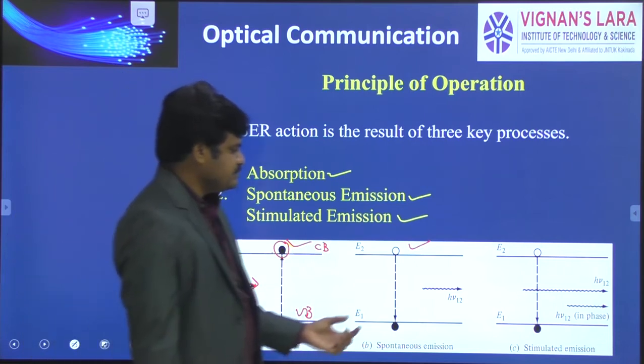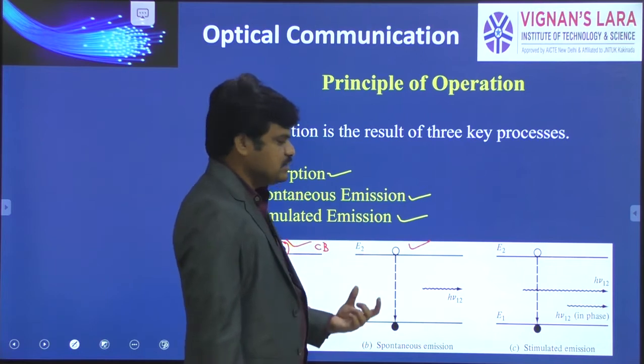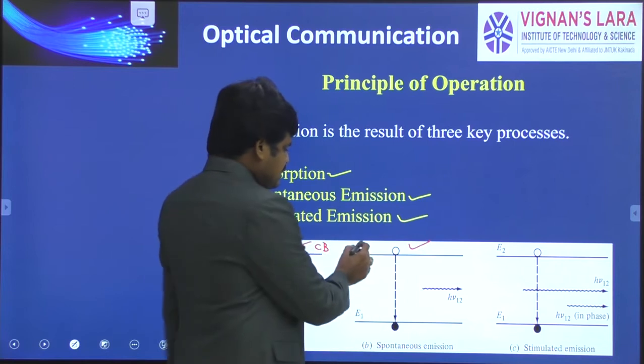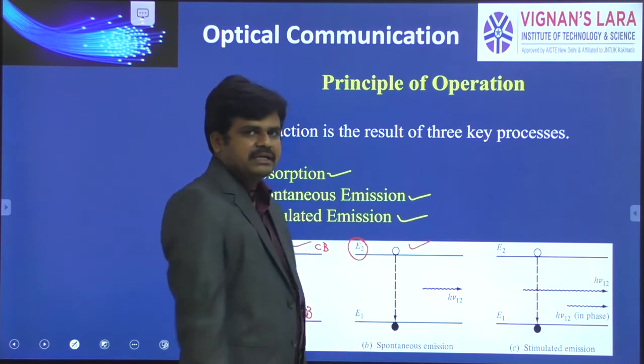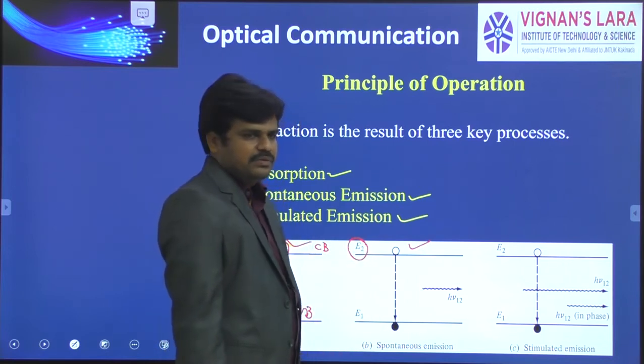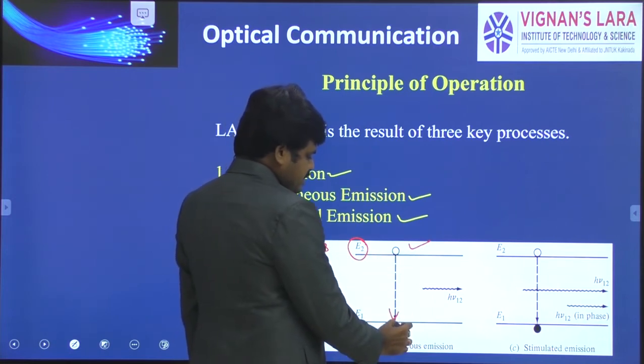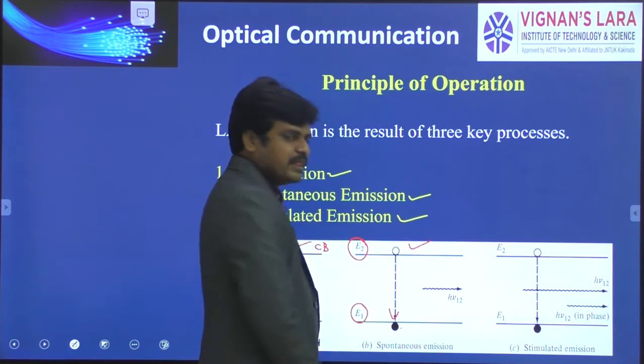For the second one, the same electron, which is very unstable in the higher energy state, say E2, will try to move into the ground or lower energy state, say E1.